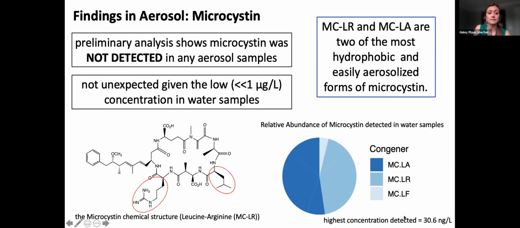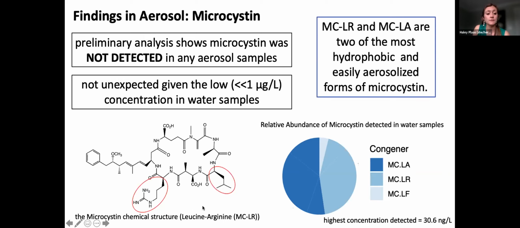So all of the microcystin that we did detect was below 1 microgram per liter, which is considered a win for water quality. But if you do look at the microcystin data that we did collect from our water, the data points that we do have show that the most abundant forms of microcystin were MCLR and MCLA, or with amino acid side chains leucine arginine and leucine alanine.